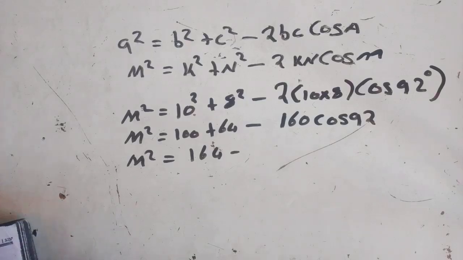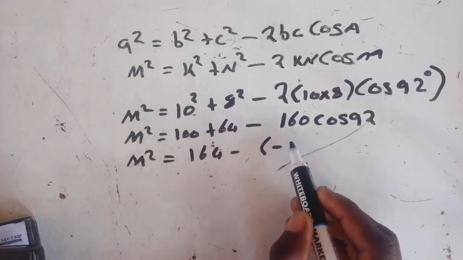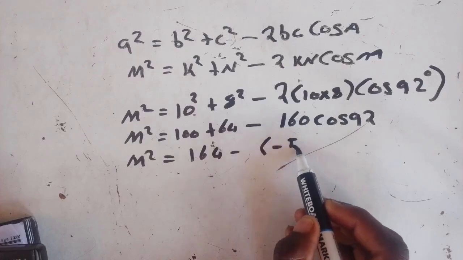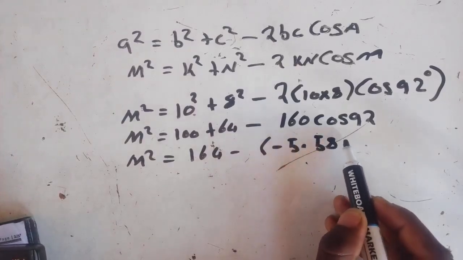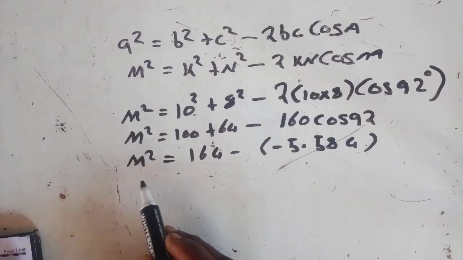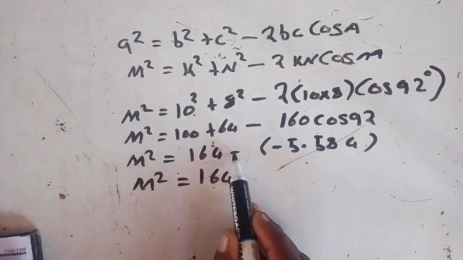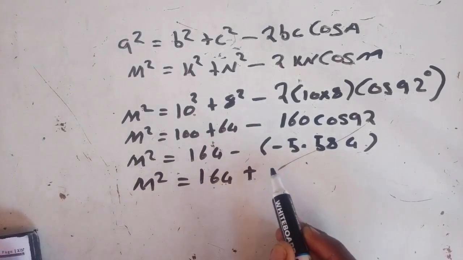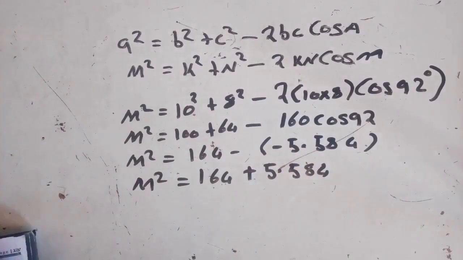On your calculator it will give you negative 5.584. Then you continue: M squared is equal to 164, negative times negative we're going to have positive.